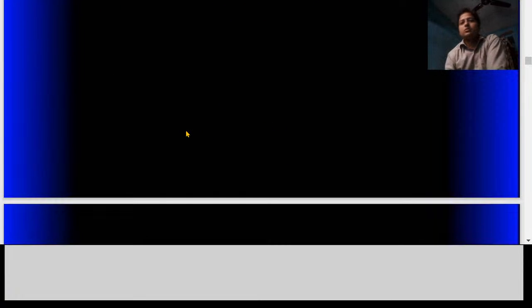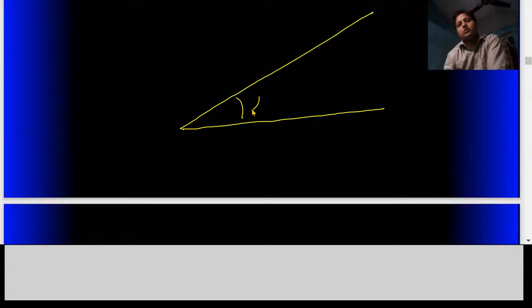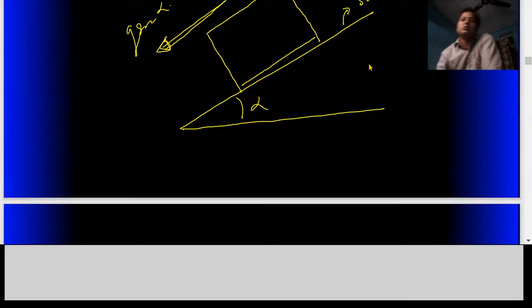Now suppose a simple pendulum is in a frame that is going downward on a smooth incline with an acceleration g sine alpha, because if the surface is smooth, the acceleration of any body along the incline is g sine alpha. So initially the pendulum is along this line.